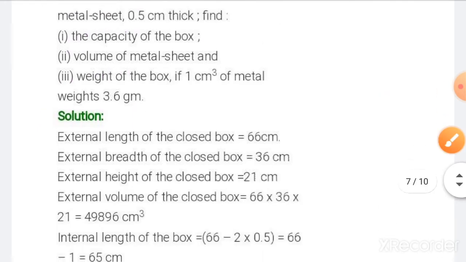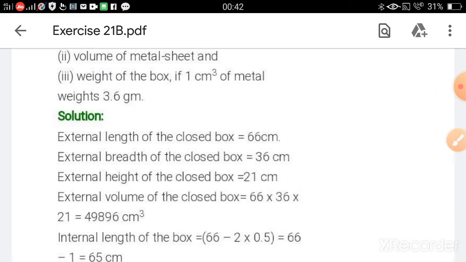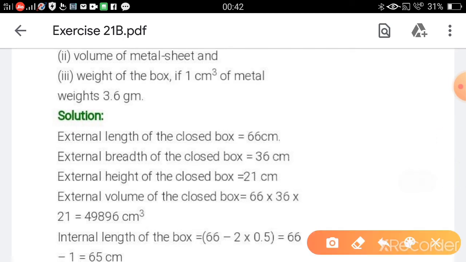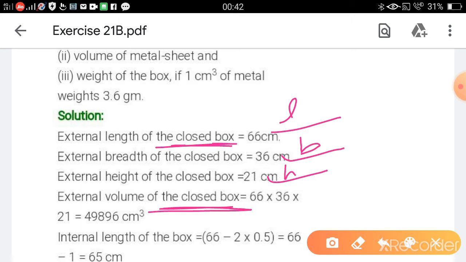So we will see first the external length of the closed box. External length of the closed box will be 66 centimeter, L. This is B and this is H. So you got L, B and H. Then external volume of the closed box, L B H, which will be 49,896 centimeter cube.